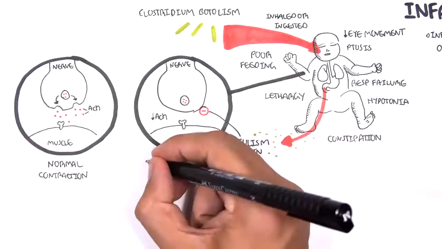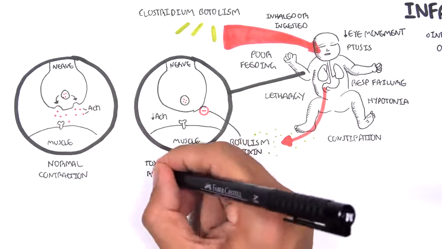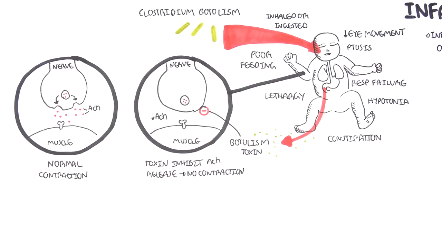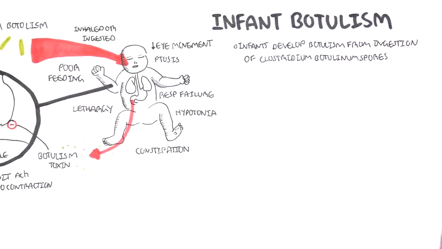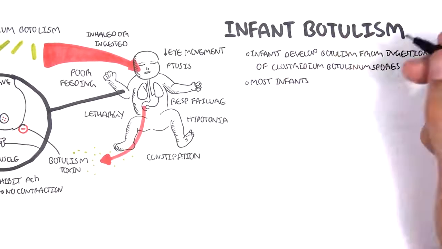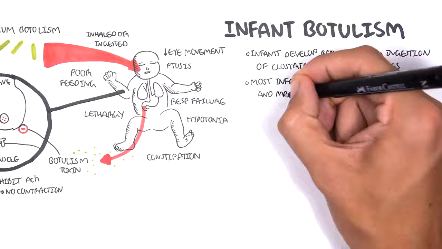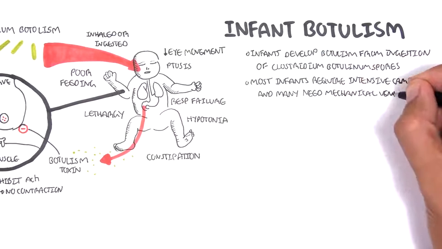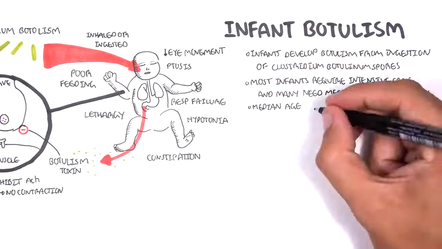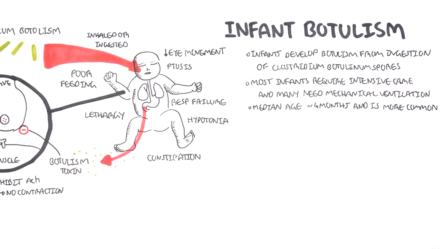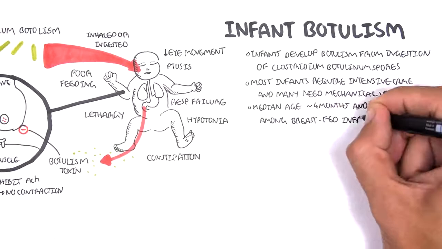Because there is no acetylcholine being released into the synaptic cleft, there is no acetylcholine that can bind onto receptors on the muscle fibers, causing no contraction of the muscle, and so we get weakening of the muscle. Most infants require intensive care and many need mechanical ventilation. Median age is about 4 months, and this infection is more common among breastfed infants.